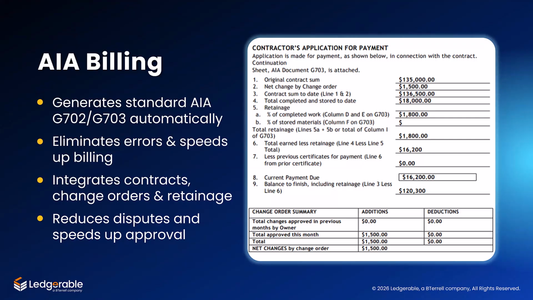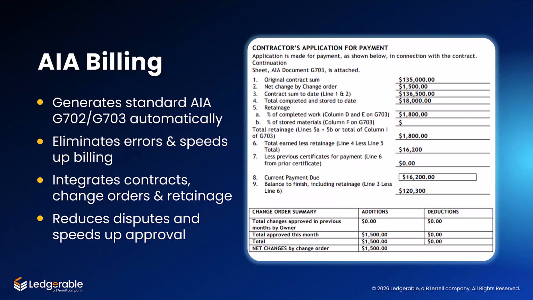On the right, what we're looking at here is a G702 example. In the first line, you can see the original contract amount. Then you have the net change by change orders, which reflects the approved change orders we discussed earlier. When you combine those, you get the contract sum to date, which is your revised contract value.